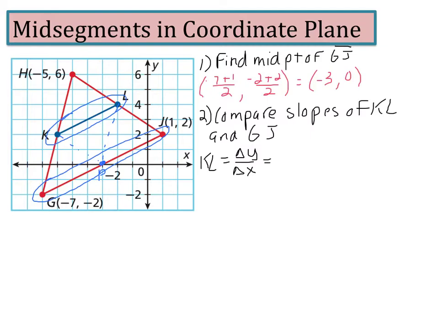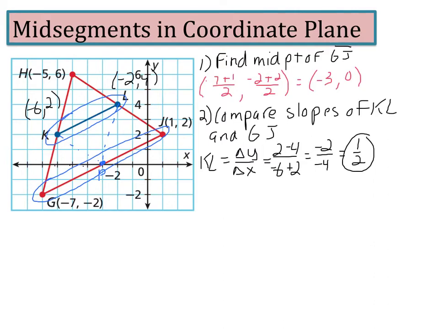Now K here is -6, 2. And L is -2, 4. So the change in y would be 2 minus 4. The change in x would be -6 minus a -2, so we make that plus. So we have -2 over -4. So the slope of KL is just 1 over 2.